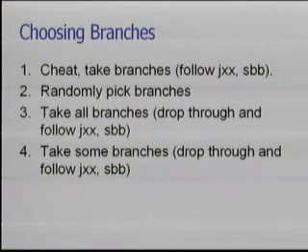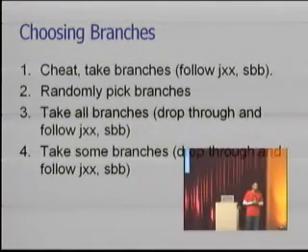You can also take every branch. So every time you hit a comparison or a branch, you take both sides. Eventually, this is going to get really big. It expands and expands and expands. Real software is going to have tons and tons of branches. So option 4 is to take some branches. Somehow decide which ones you're going to take based on certain constraints or certain things that you want to test.